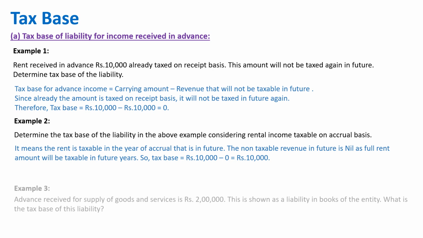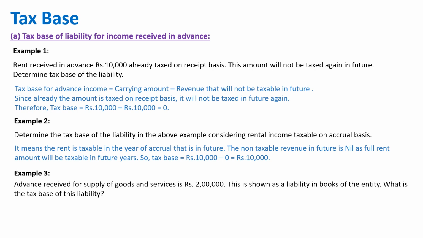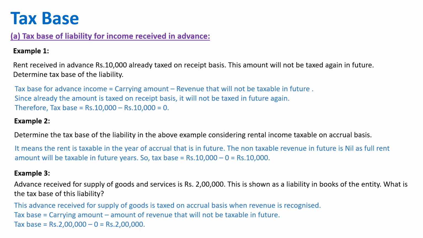Let's take another example. Advance received for supply of goods and services is rupees 2 lakh. This is shown as liability in books of the entity. What is the tax base of this liability? This advance received for supply of goods is taxed on accrual basis when revenue is recognized. As the question is silent whether it is on receipt basis or on accrual basis, it is assumed that it is on accrual basis.